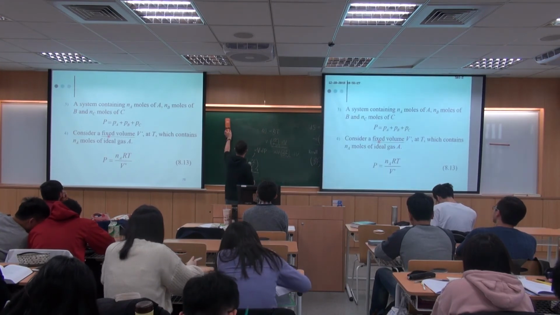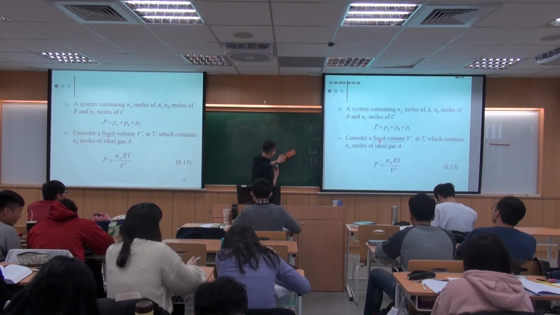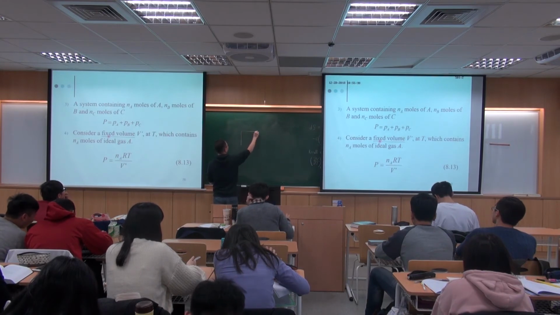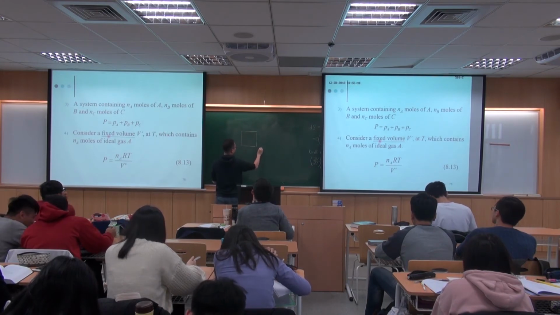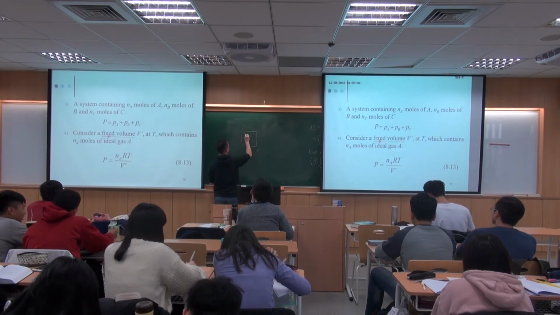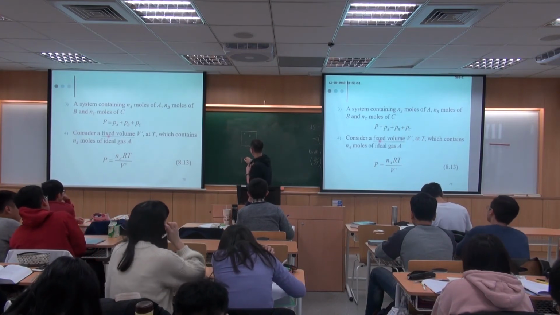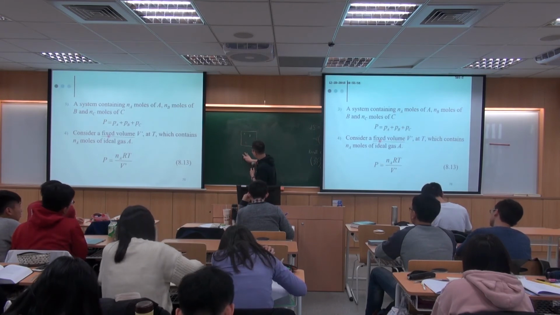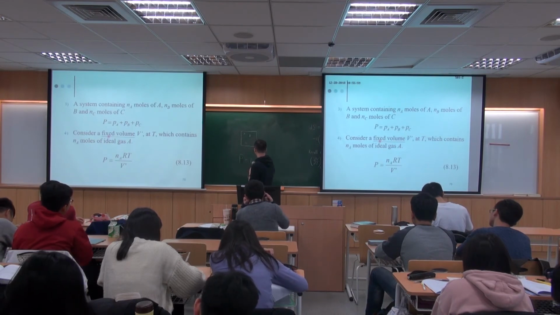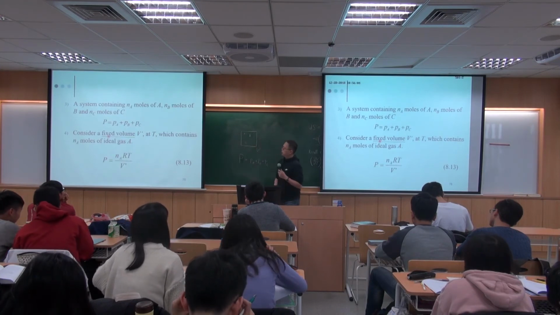If you're not familiar with partial pressure, I'd suggest you just draw a picture first. So this is a fixed volume, let's say V prime, and you have different kinds of particles like A and B and C. And we want to see that P, this is capital P, is something like this.